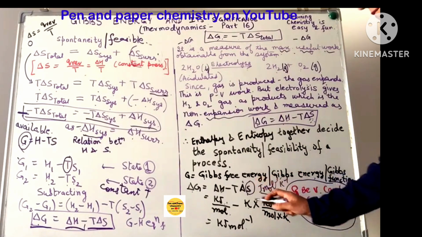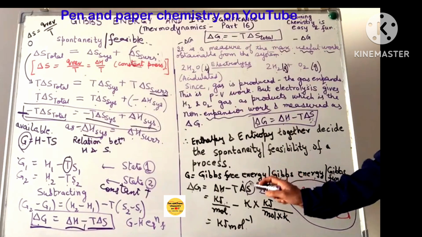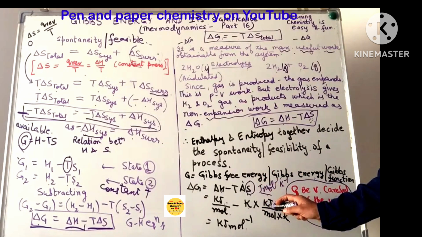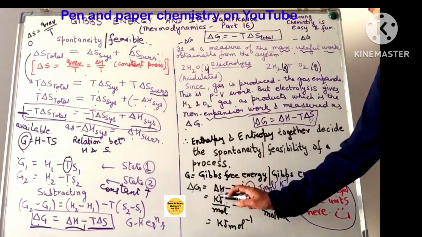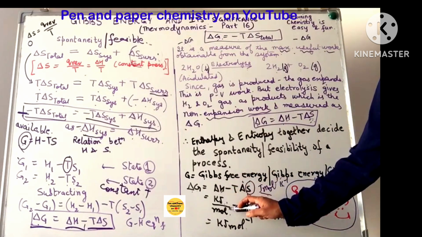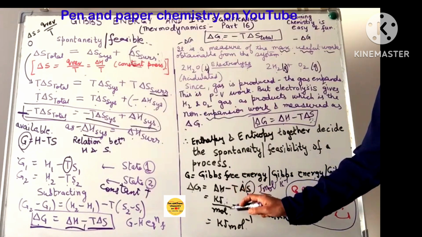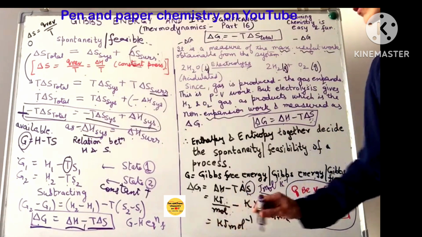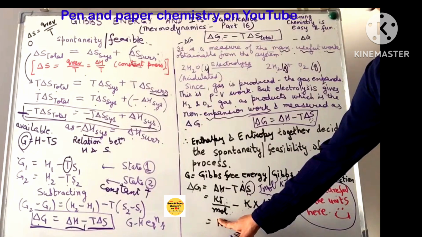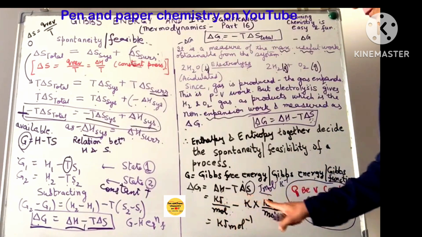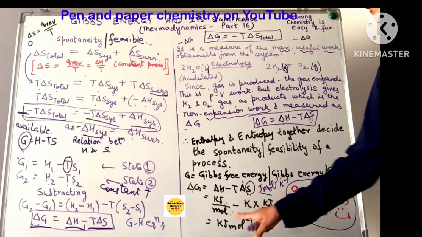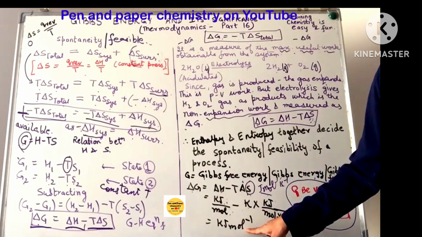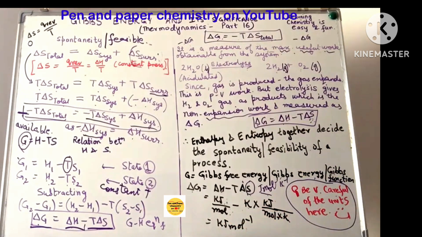Either you convert the joule per mole per Kelvin of entropy to kilojoule by dividing by 1000, or you convert the delta H kilojoule per mole to joule per mole by multiplying by 1000. In which case you will get the unit as joule per mole. But if you are taking both of them as kilojoule per mole, then the final unit of delta G will also be kilojoule per mole.